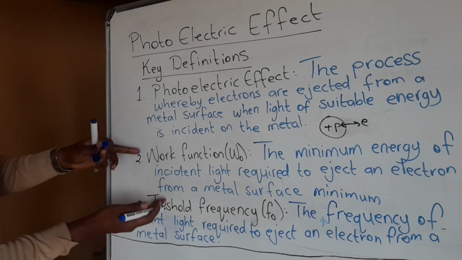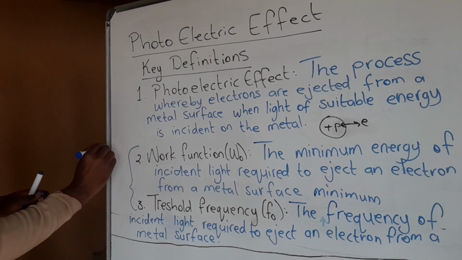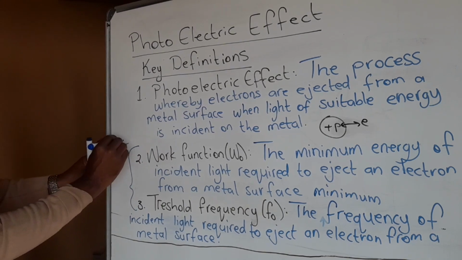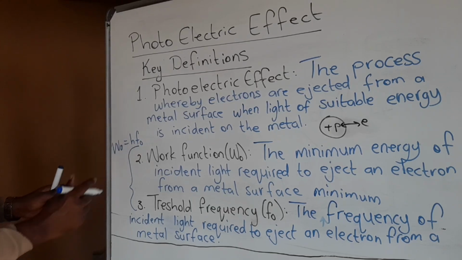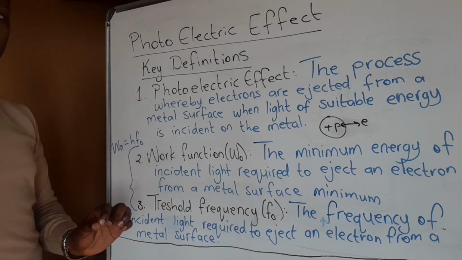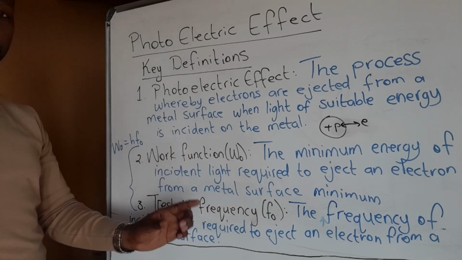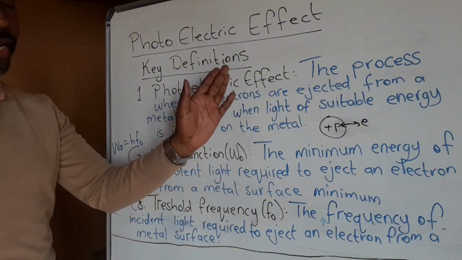So these two are actually related to each other in such a way that we will later talk about, that W0 is equal to hf0. h will be Planck's constant. We'll talk about it later on. But for now, f0 is the minimum frequency, W0 is the minimum energy of the light that falls on the metal that can give us the photoelectric effect.